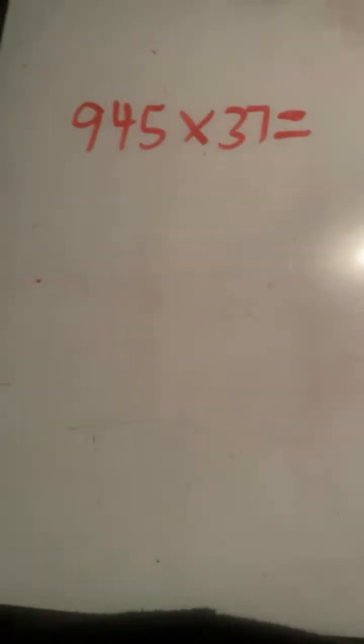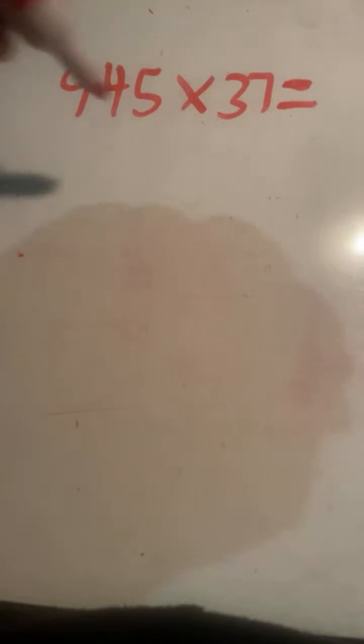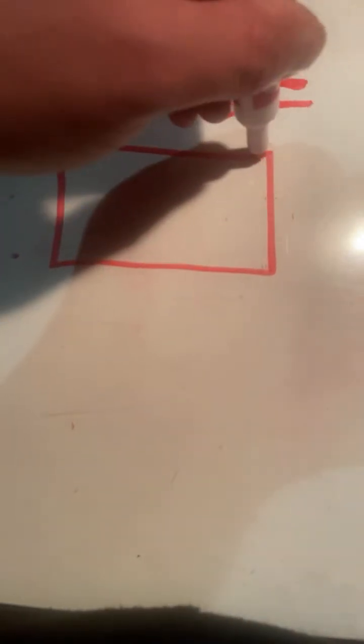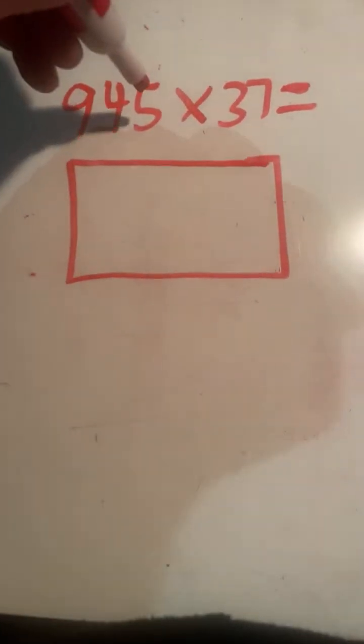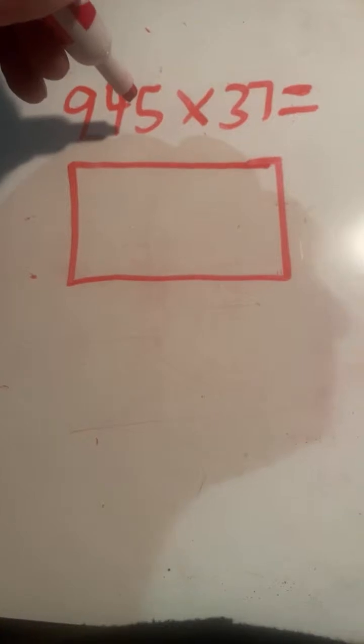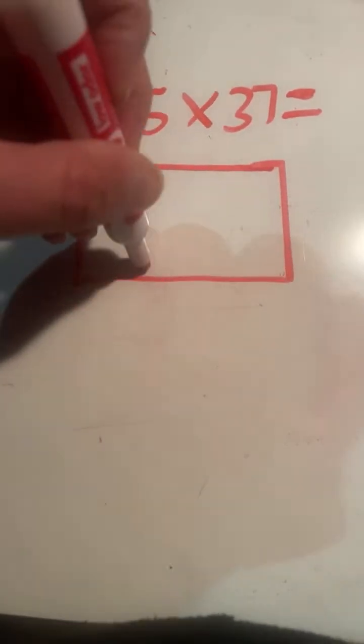Now for this one, you'll actually see how I set up the Lattice method. So we need a square that's 3 digits by 2 digits. So 3 boxes going across, 2 going down.